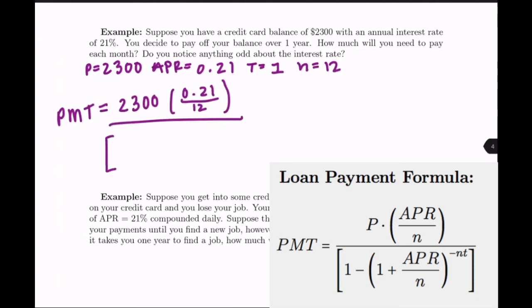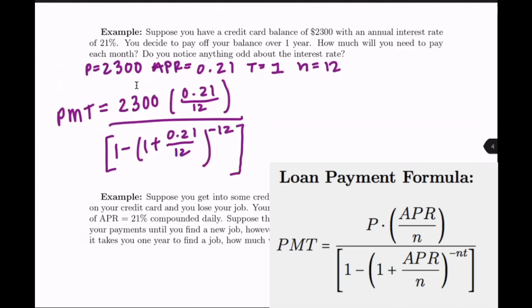And we have 1 minus parentheses 1 plus 0.21 divided by 12. And then to the power of negative nt, since t is just 1, we can just have negative 12 there. All right.